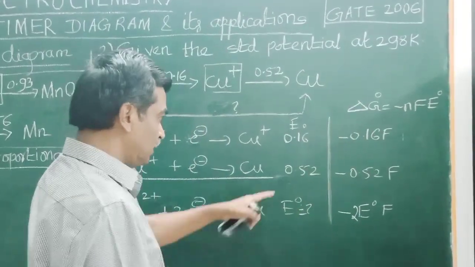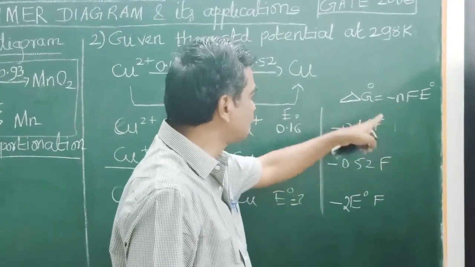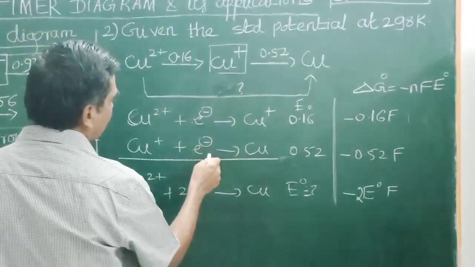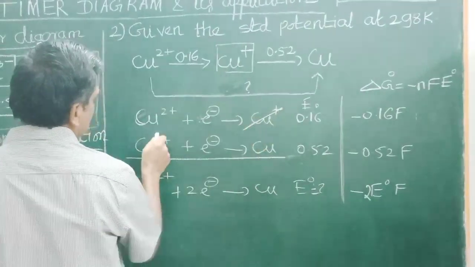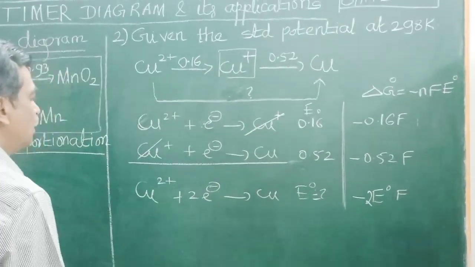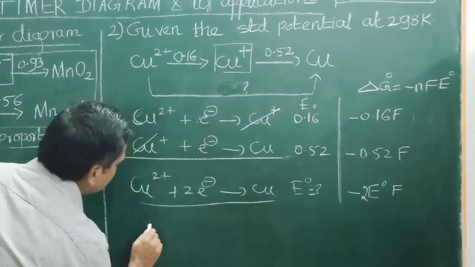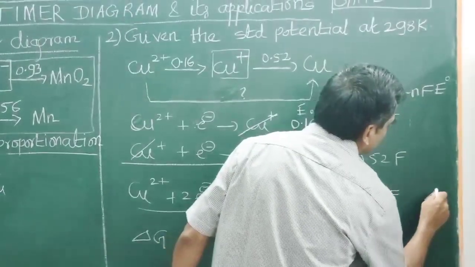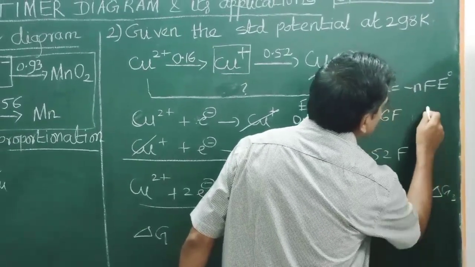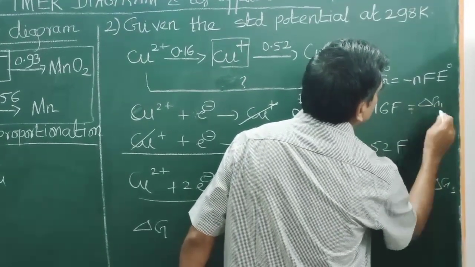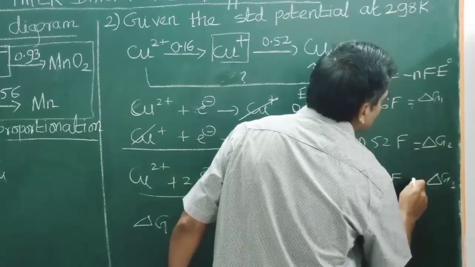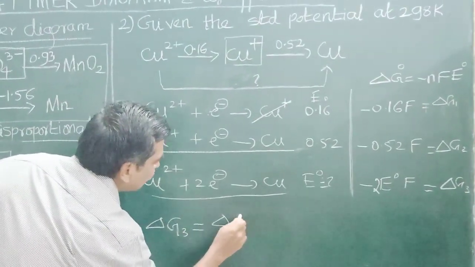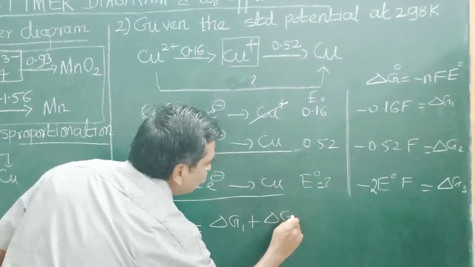Only the free energy change is a thermodynamic function property, so it can be added. Therefore, if you add, this will get cancelled. So you will get this, delta G3, this is delta G1, delta G2. Therefore, we can write delta G3 equal to delta G1 plus delta G2.